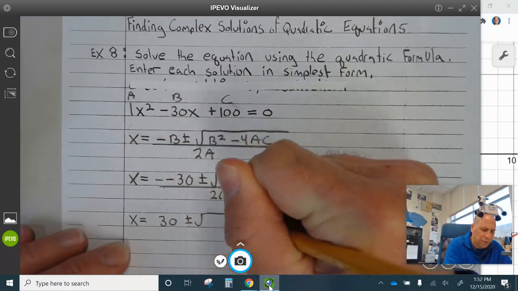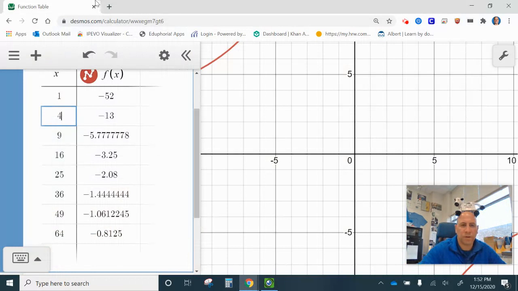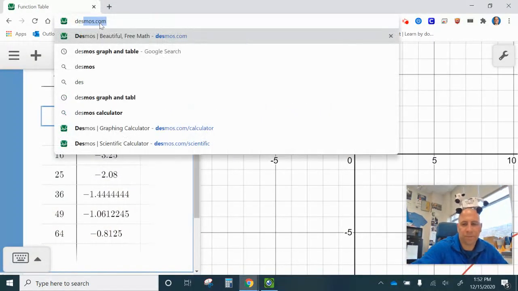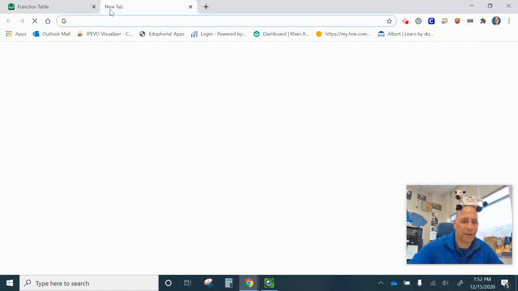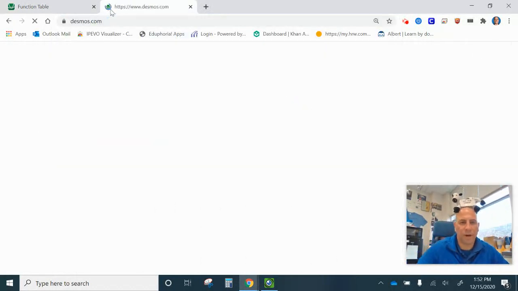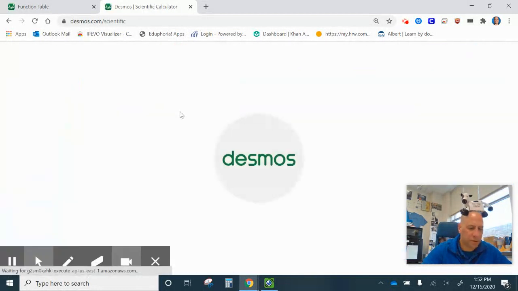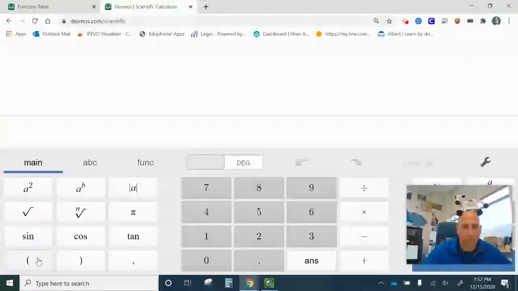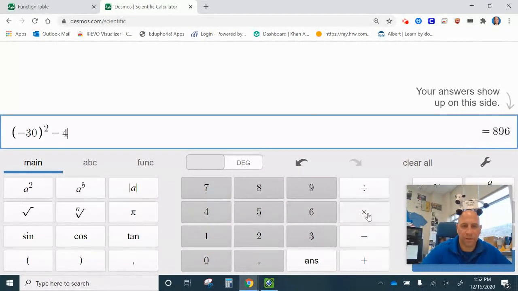All right, so then x equals positive 30 plus or minus. Let's go ahead and find out what the discriminant is. So let's use Desmos. Actually, let's leave this tab because I think we might need it in a few minutes. So Desmos.com, Math Tool, Scientific Calculator, parentheses, negative 30 squared minus 4 times 1 times 100 is 500.